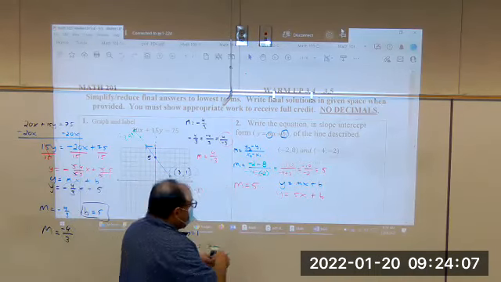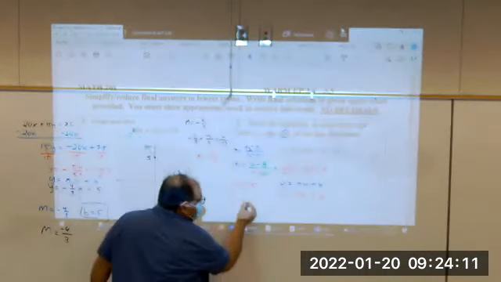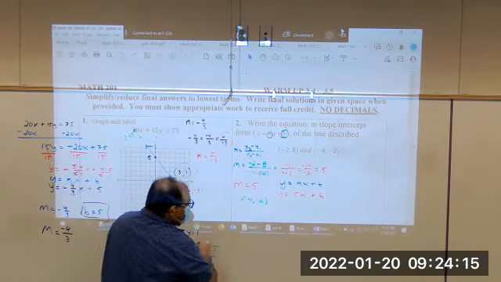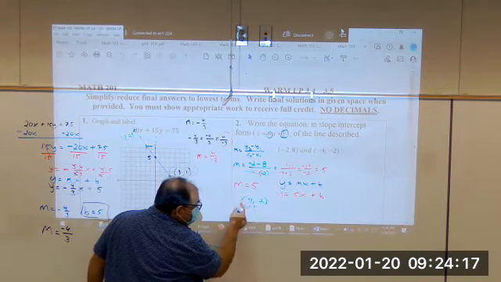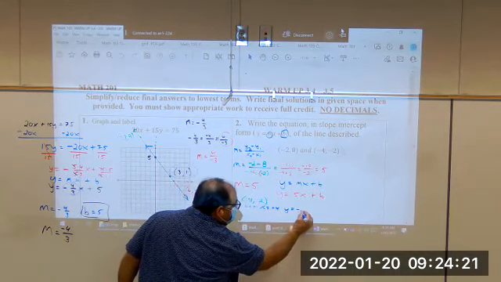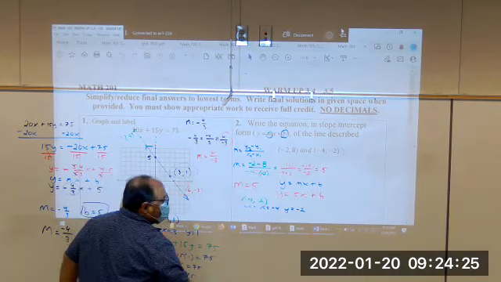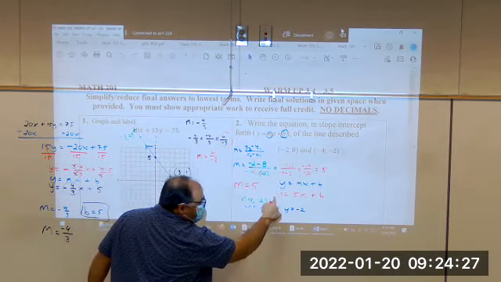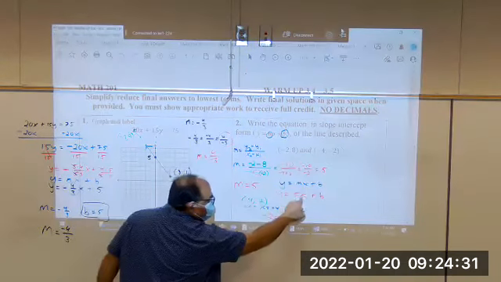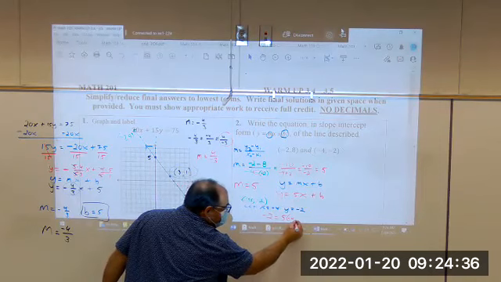Second one. So I'm going to use -4, -2. What that means is I'm going to let the x equal -4 and the y equal -2. So plugging in for y, -2 equals 5 times x, and x is -4.